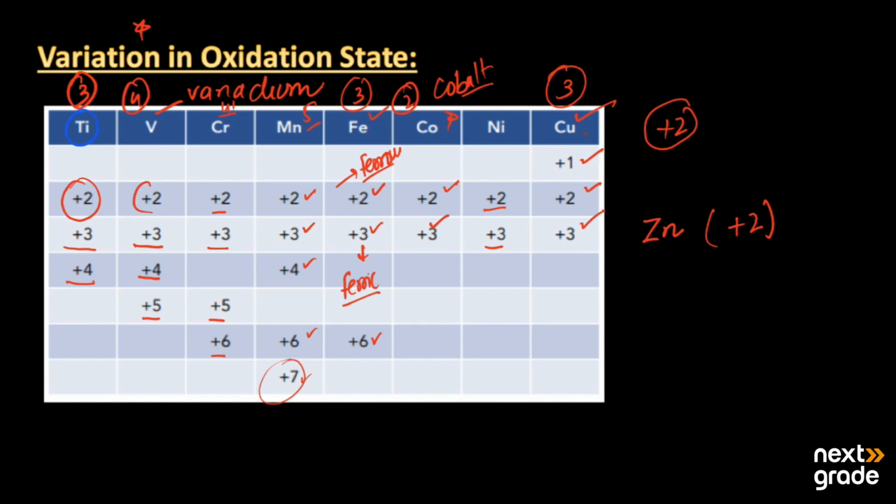Likewise, we have already learned the oxidation states of copper: plus 1, plus 2 and plus 3. So these are simple examples of the oxidation states of the 3D series, which mostly show the plus 2 and plus 3 oxidation states. On the other hand, there is just one that can show the plus 1 oxidation state. Likewise, iron can also have plus 1 and manganese can also have plus 1 oxidation states.